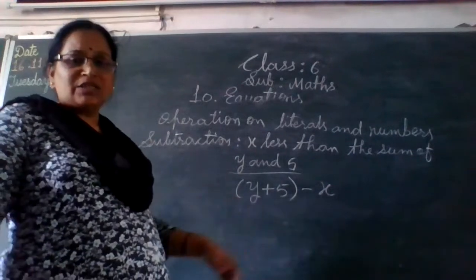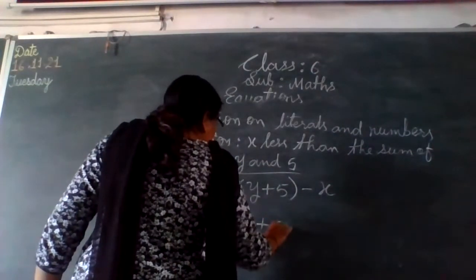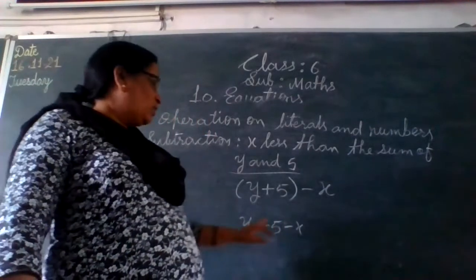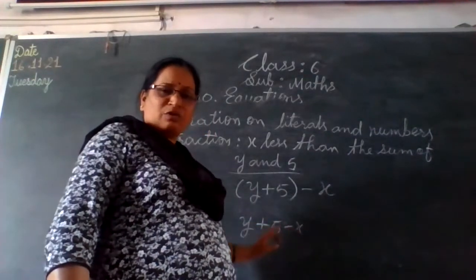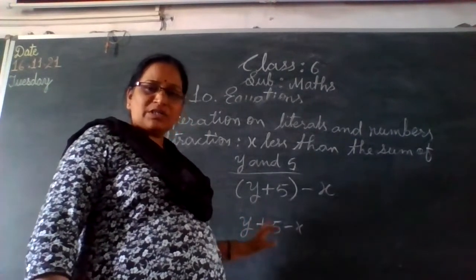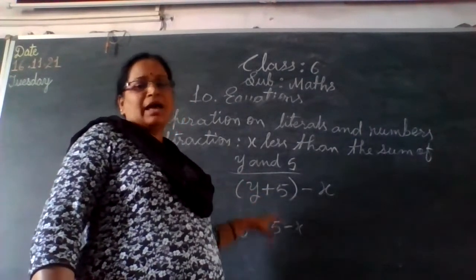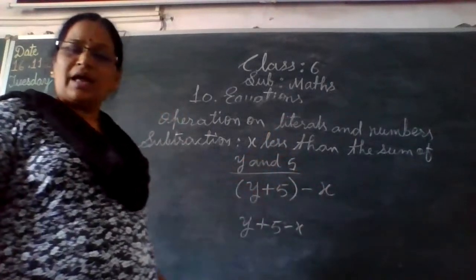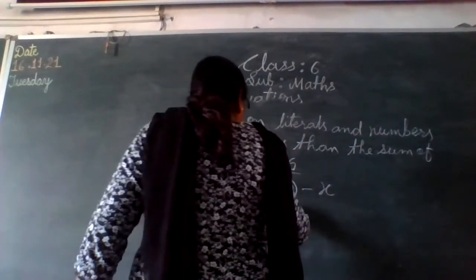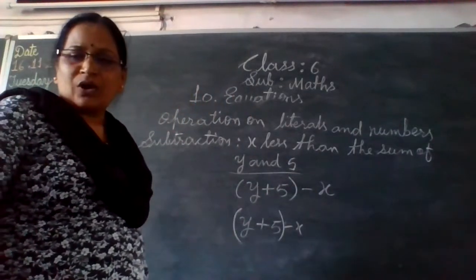If bracket is not there, what does it mean? Without bracket, it means you have to subtract X from 5 and then add Y. But what is the question? First you have to find the sum and then subtract X. That's why it is necessary to put the bracket. Got it, beta?